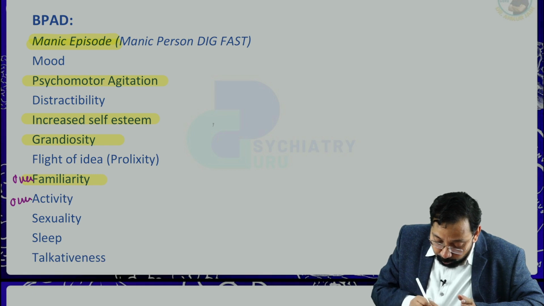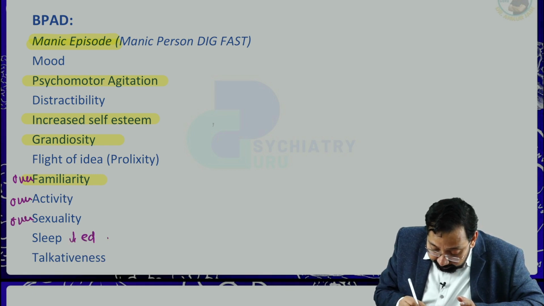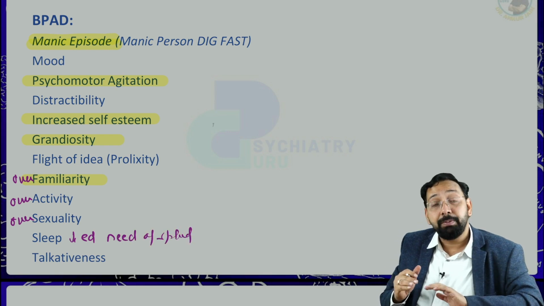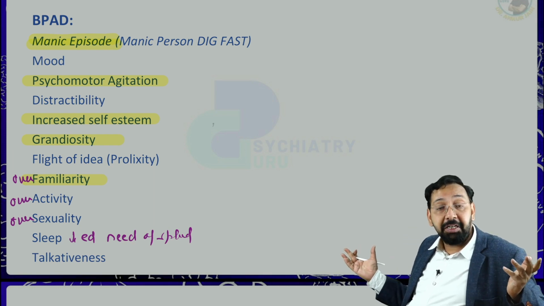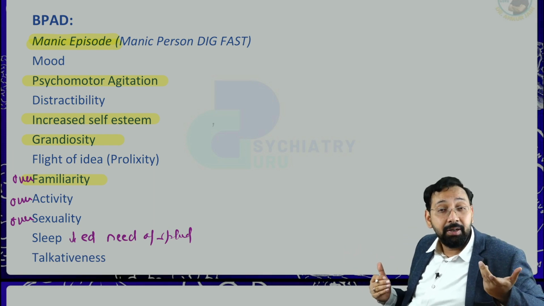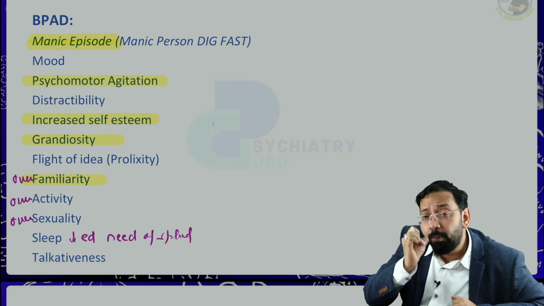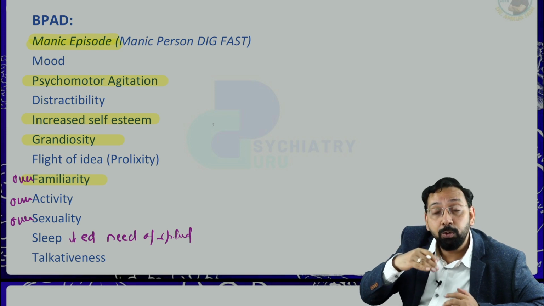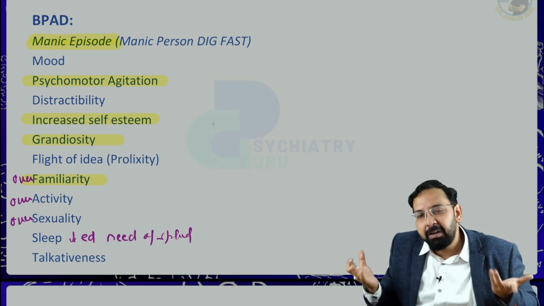Overactivity is there, oversexuality may be there, decreased need of sleep. The patient would not sleep the whole night. In the daytime he would say, "Doctor Saab, I am very very energetic," and he will feel energetic. Decreased sleep and decreased need of sleep is important, because in depression the patient would not be able to sleep in the night and in the daytime would feel tired.